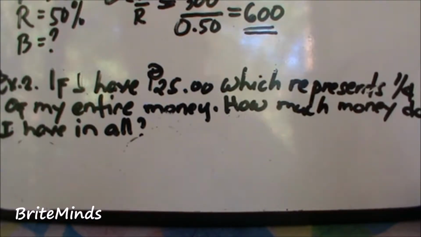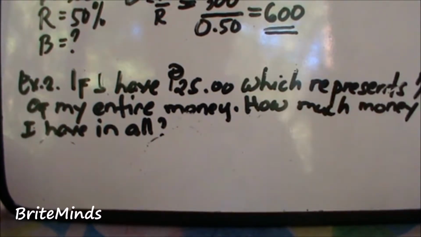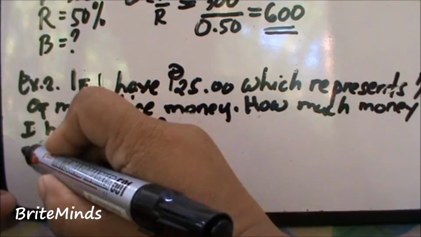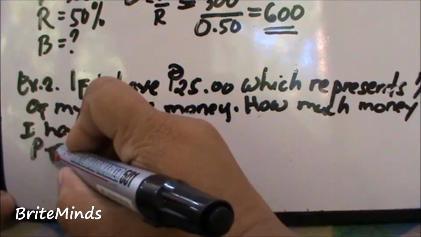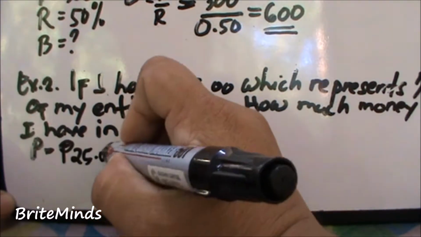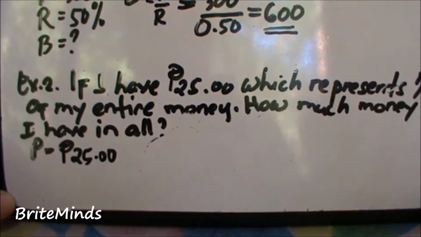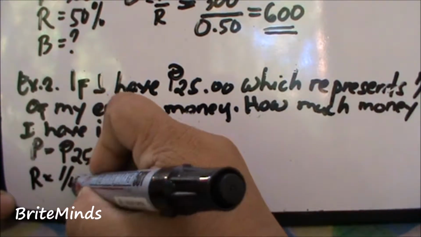So the first thing we need to do is identify the given. What are given in the problem? The percentage is the 25 pesos, then the rate is 1/4.